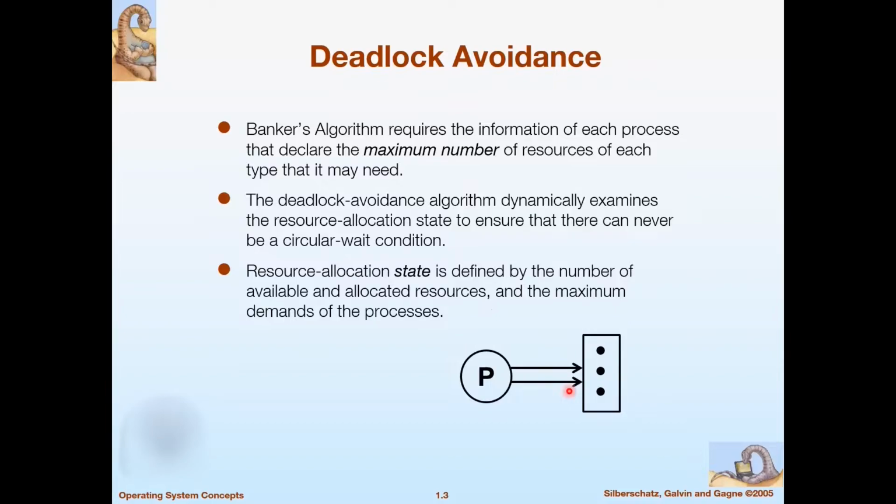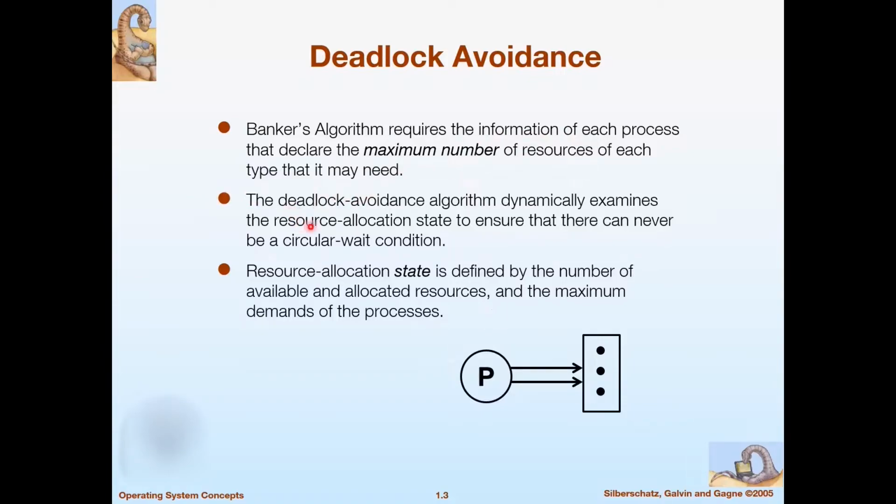A method for avoiding deadlock requires that the operating system have prior information about how each process will utilize system resources. For example, Banker's algorithm requires a priori information about the maximum number of each resource type that each process may request.